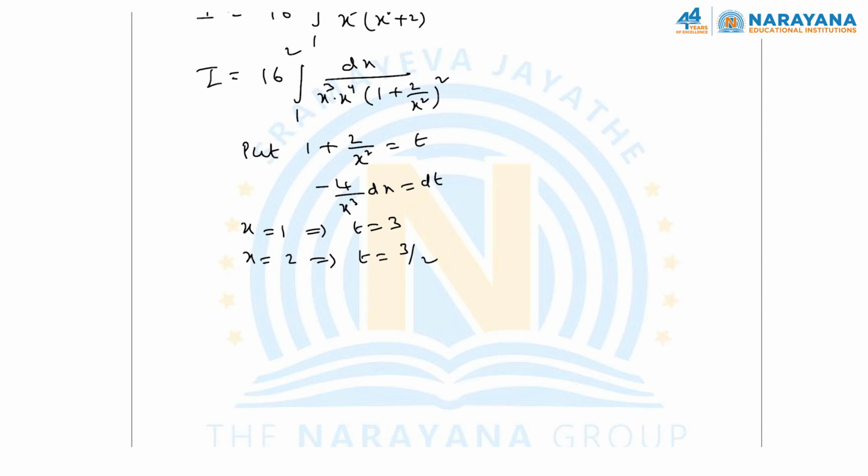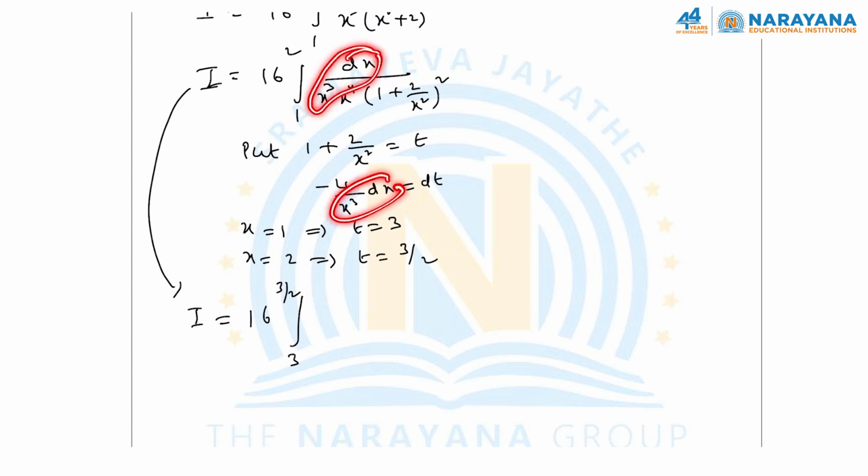So our I will become, I is equal to 16 times the integral from 3 to 3 by 2, and dx by x cube is minus 1 by 4 dt, so divided by minus 4 dt, and this 1 by x power 4 is there.